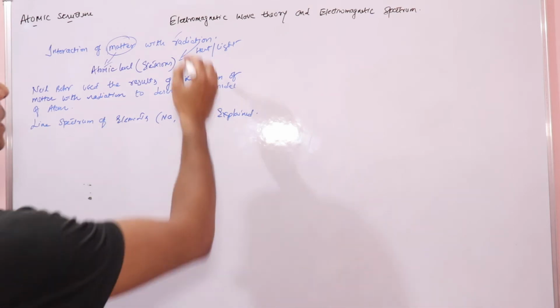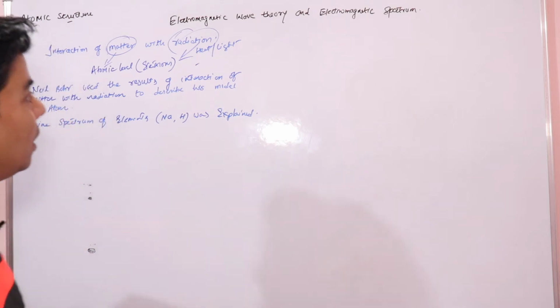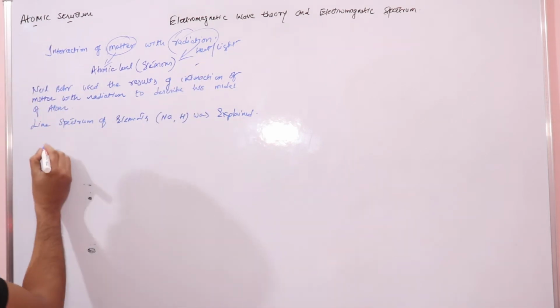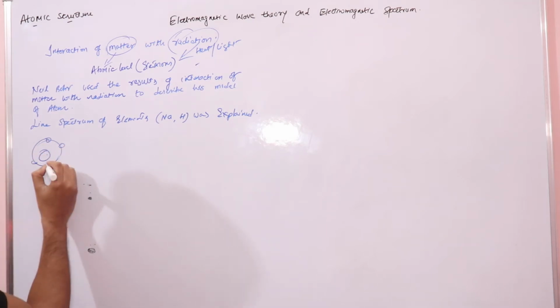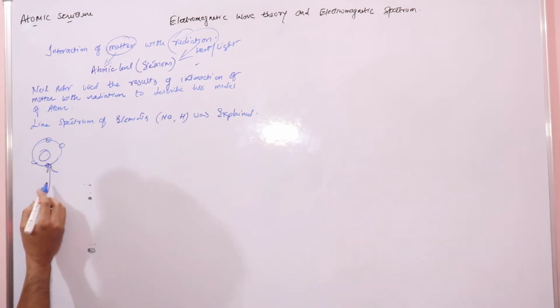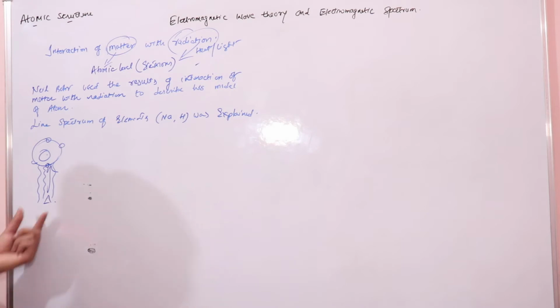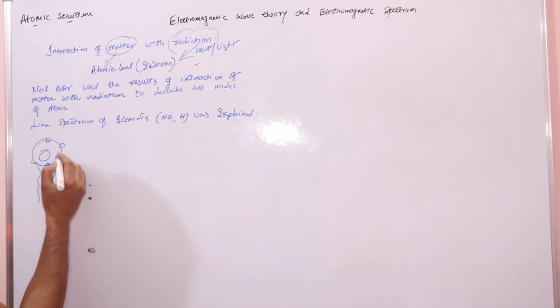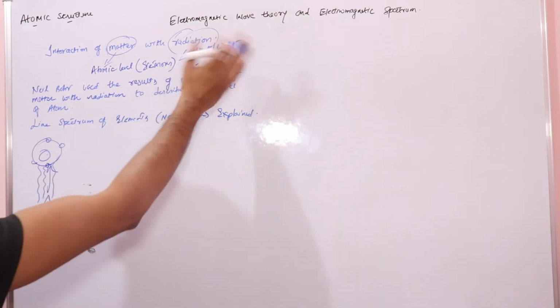So these radiations can be heat radiations or light radiations. Say this is an atom, this is the nucleus, and these are electrons revolving around it. When you supply heat energy to this atom, or you pass light incident on this atom, the atom is receiving energy from this radiation, which may be heat or light.